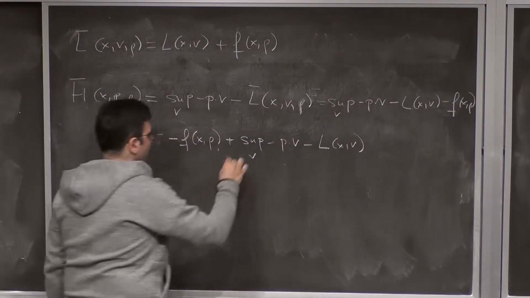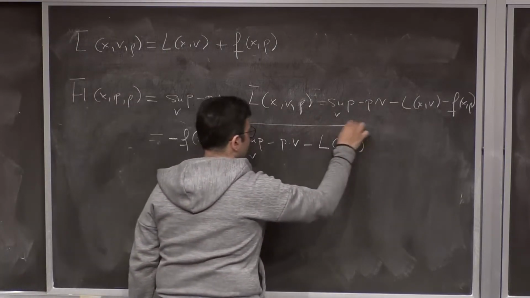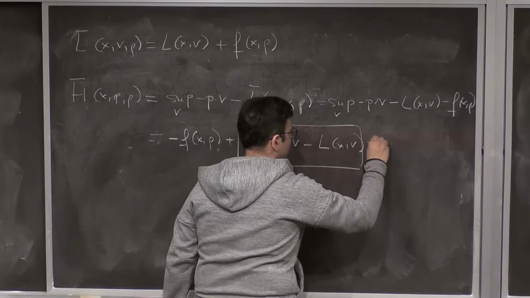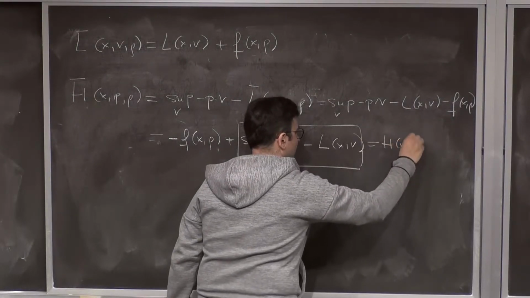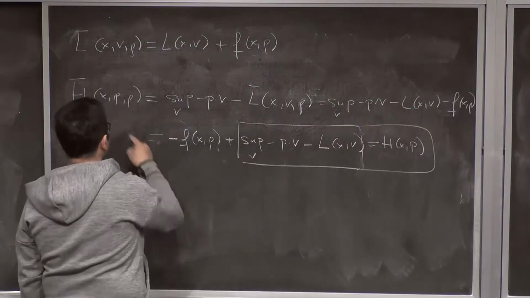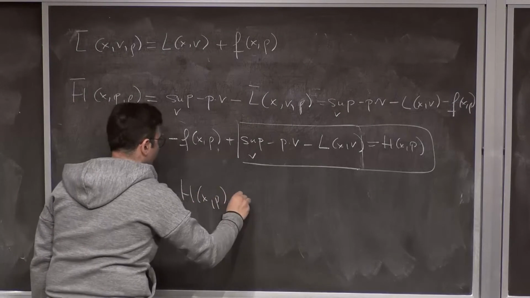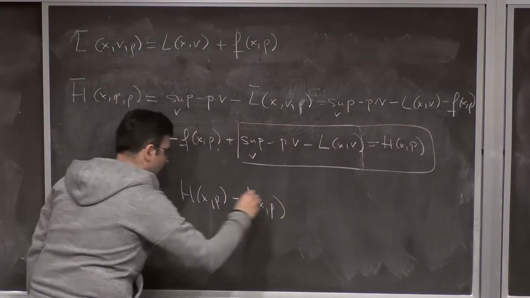If we denote the remaining part by H of x, p, we get that H bar is H of x, p minus f of x, rho.